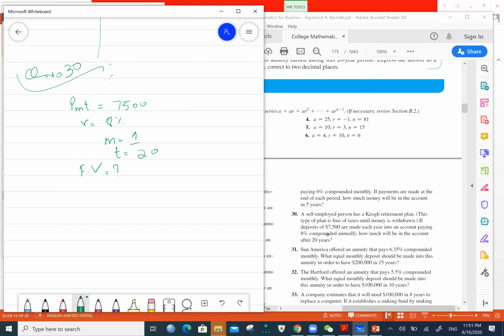So the formula for future value is PMT times ((1 + i) raised to power n, minus 1) divided by i.